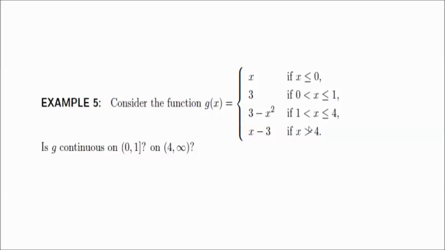Ibig sabihin nito, all the values greater than 4, but not including 4 kasi parenthesis. Okay? So, meron bang function para doon? Ito siya, x minus 3, which is a linear function. So, ibig sabihin, merong mga points para doon. So, this is also continuous.